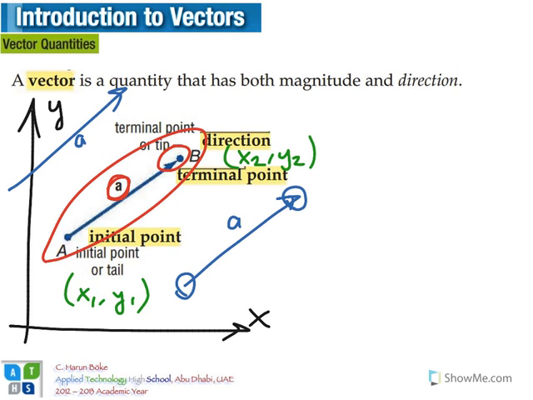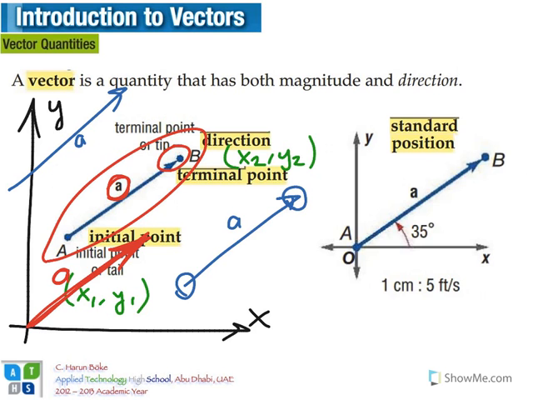Since we have the same vector wherever we put it, we can have the same vector starting from the origin, the same vector A. In that case, we have the same vector in standard position.